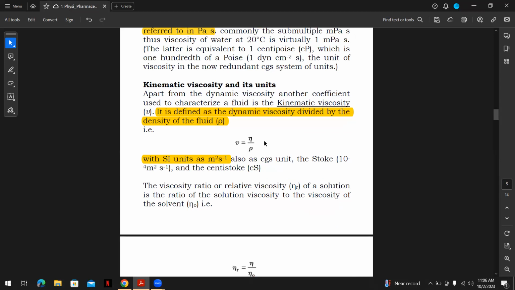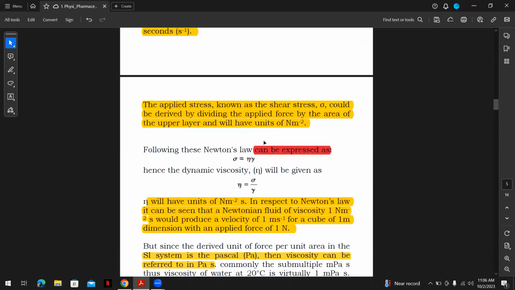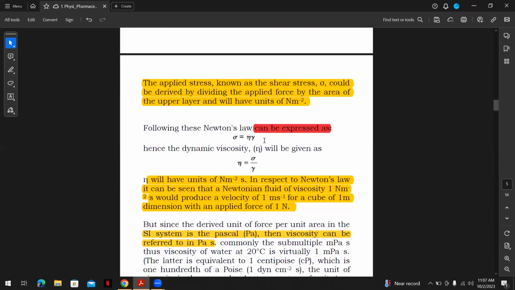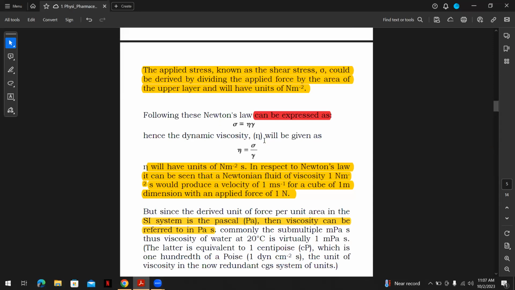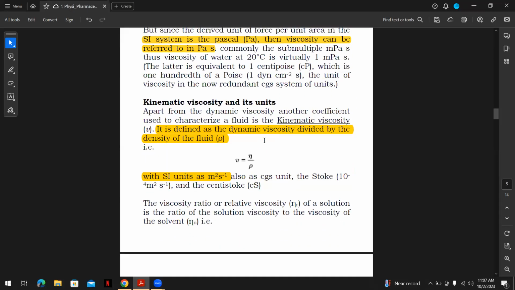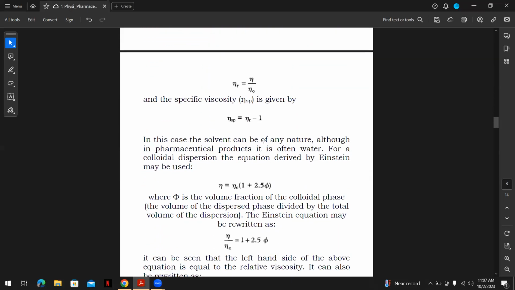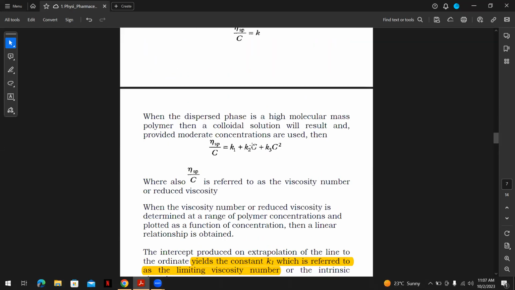Wait, I have a question. Are we supposed to know these equations? All of these ones, plus the other ones of K1, K2, are we supposed to know them? I don't know, but the good thing is, this one is not really necessary.